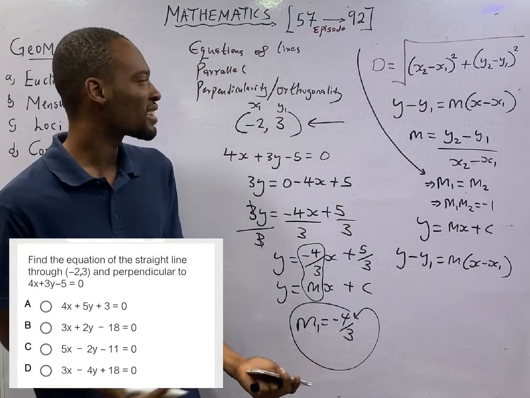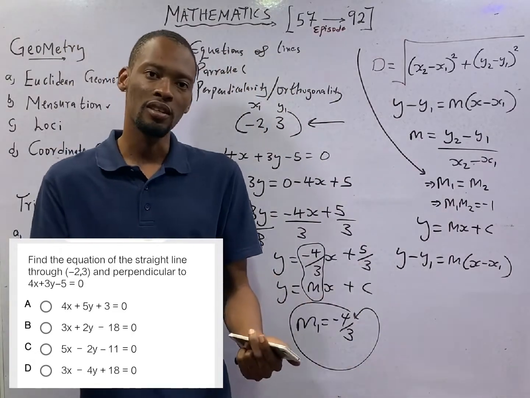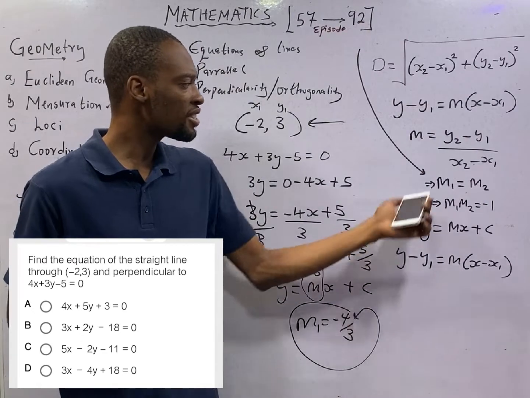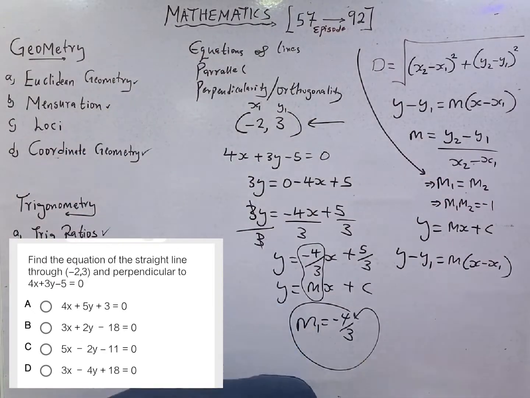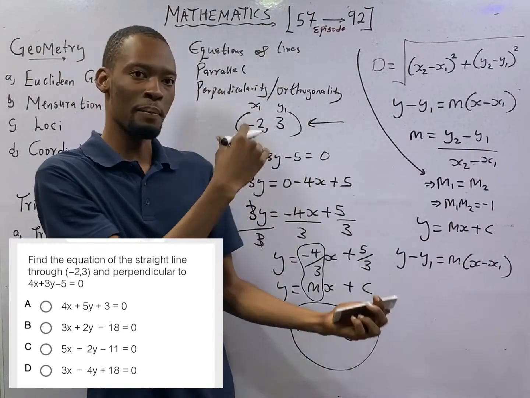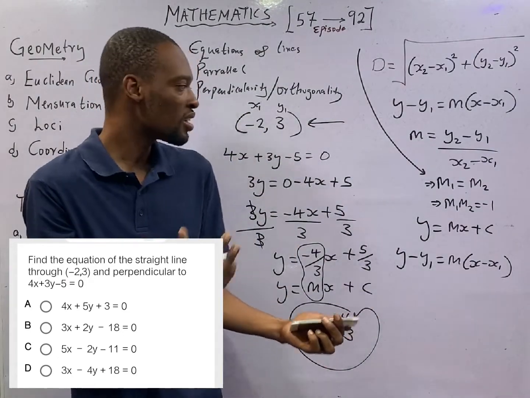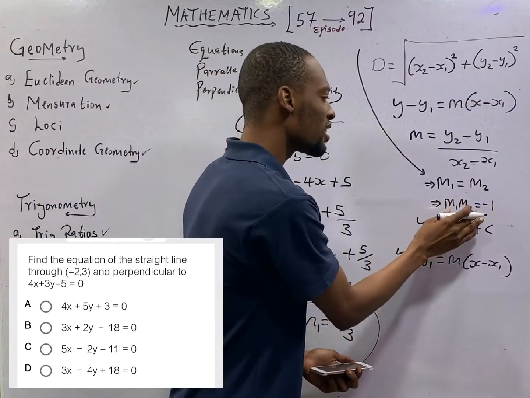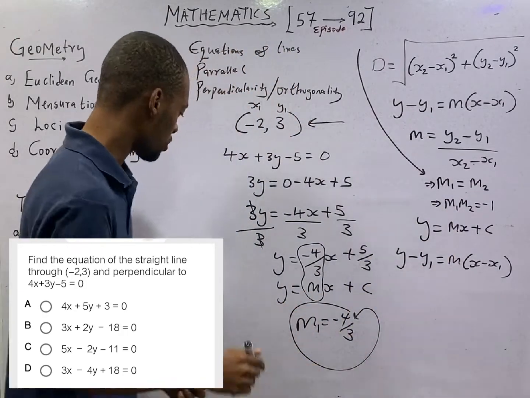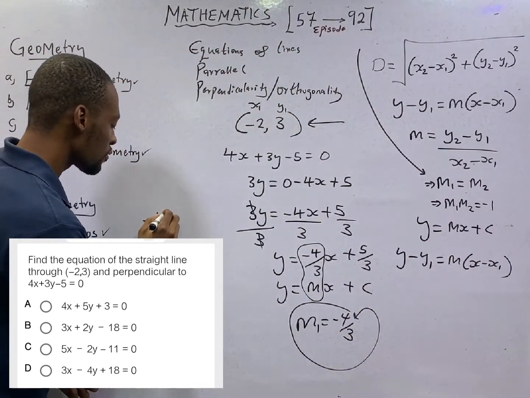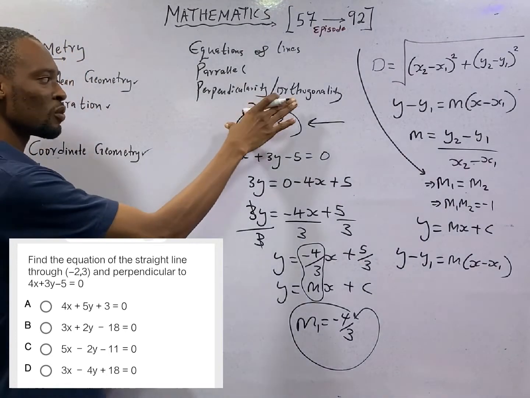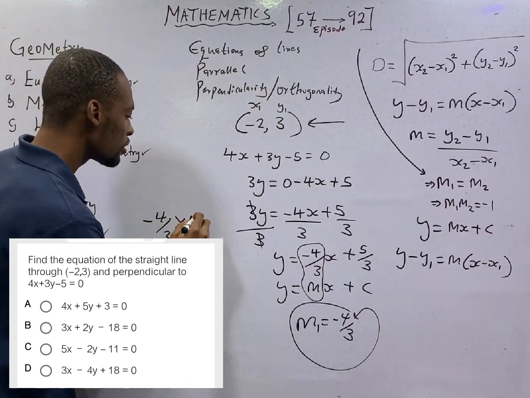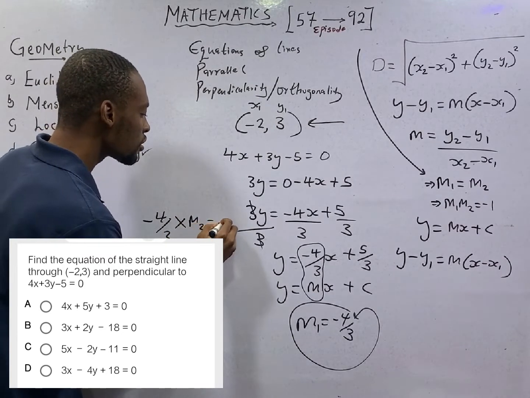If the lines were parallel, their gradients would be the same. But the lines are perpendicular, which means the product of their gradients will be -1. So this gradient, -4/3, times the gradient of the line we are interested in, m2, will give us -1.